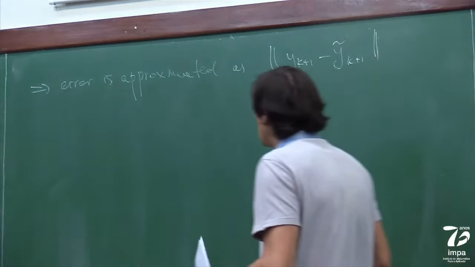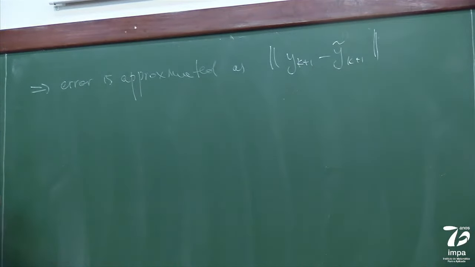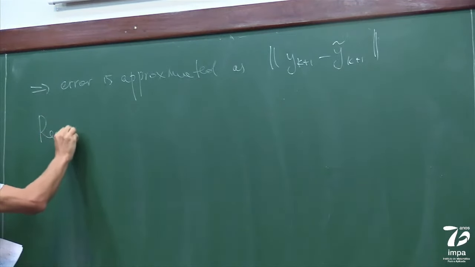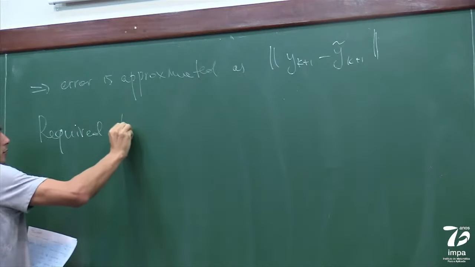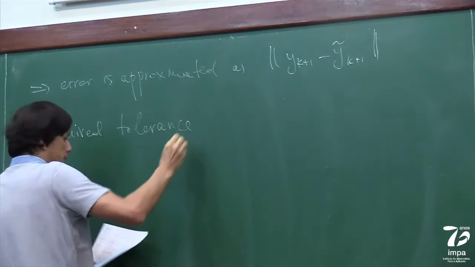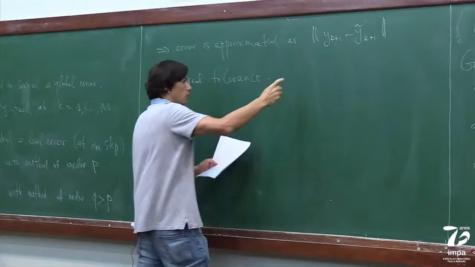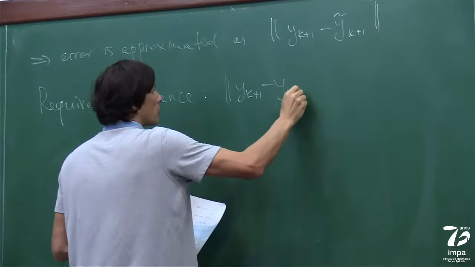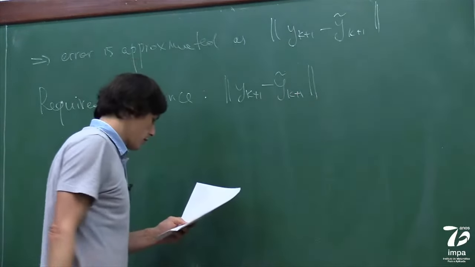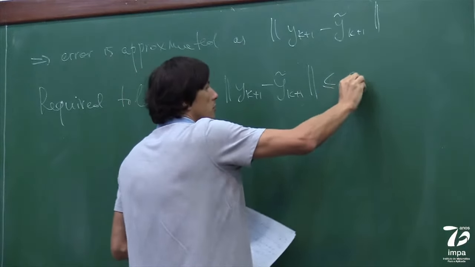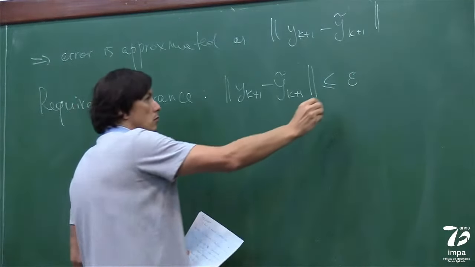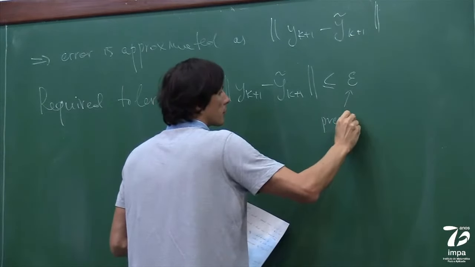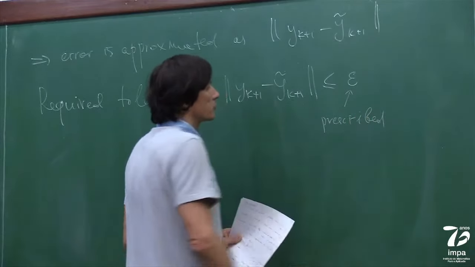And then the condition you verify is that the required tolerance is written as that this should be smaller than some epsilon that is given, the prescribed tolerance.